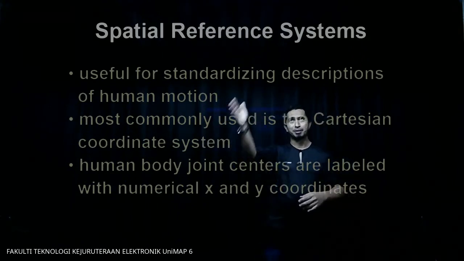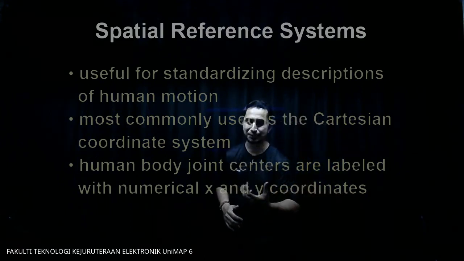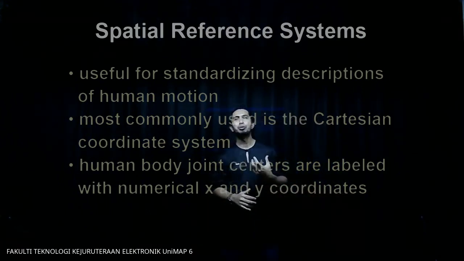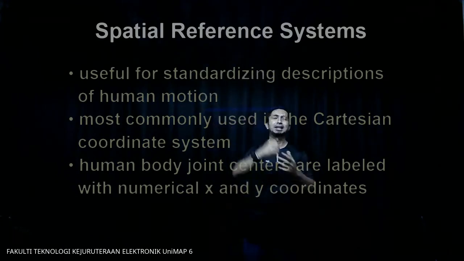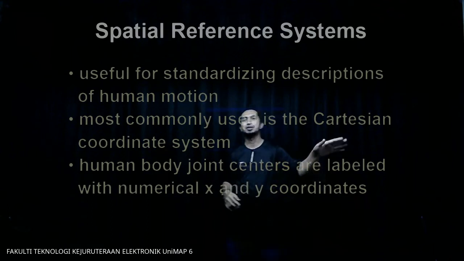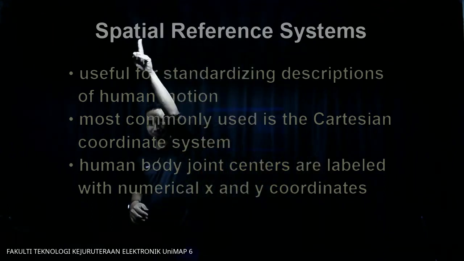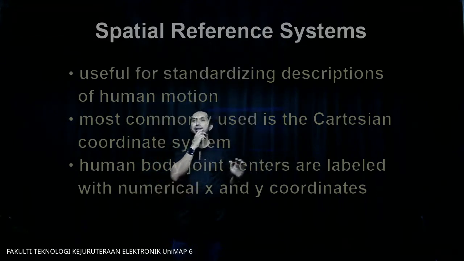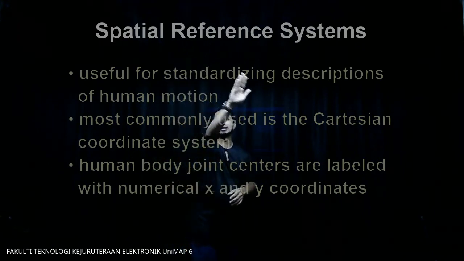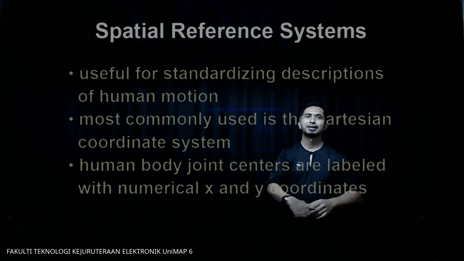Cartesian coordinate system, X and Y. But in biomechanics, mostly we use the term spatial reference system. But it's the same as Cartesian coordinate system. The only different thing is this word. So it is useful for standardizing description of human motion, and it is X and Y coordinate.